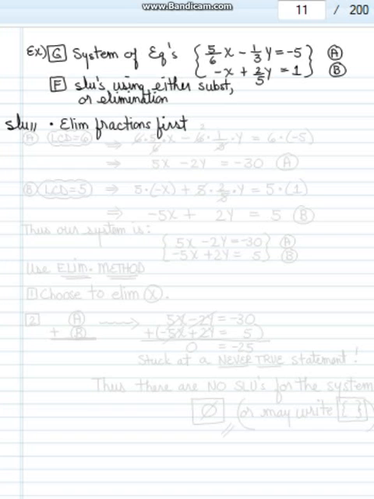I don't always start like this, but in this case I just want to get rid of them. With equation A, the least common denominator is 6. So if I multiply both sides of equation A by 6, it'll get rid of my fractions.